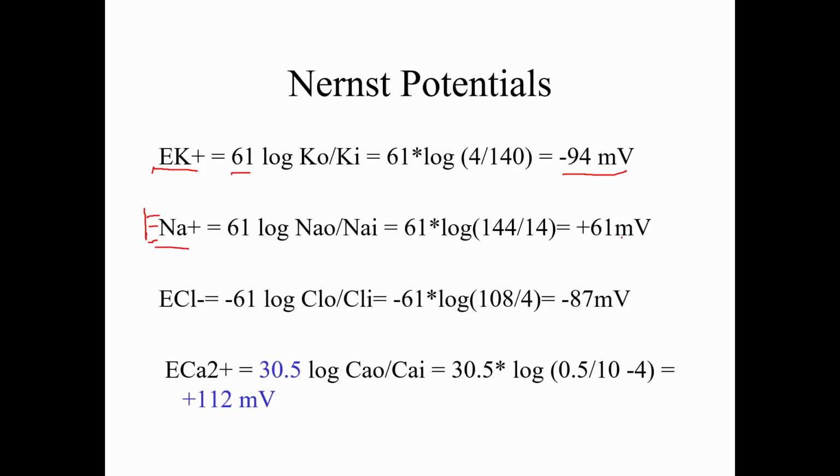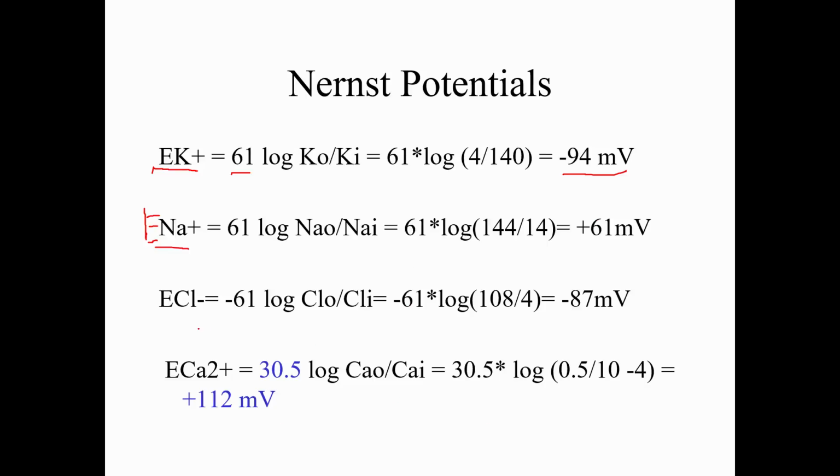If my neuron is only permeable to sodium, sodium leaks in until the inside is so positive, sodium can't leak in anymore. I'm afraid I just misspoke. The inward concentration gradient is equal and opposite to the outward electrical gradient.